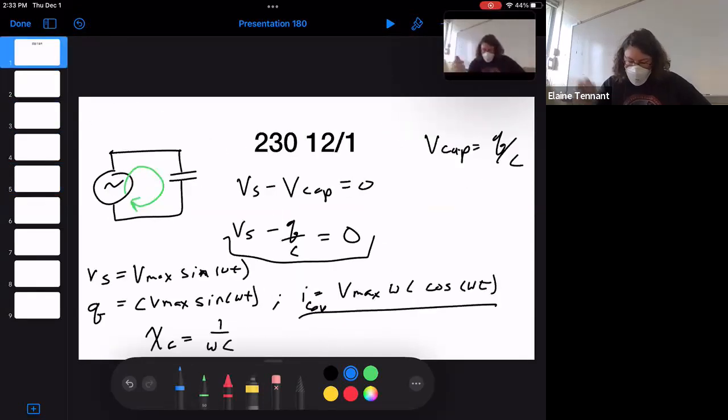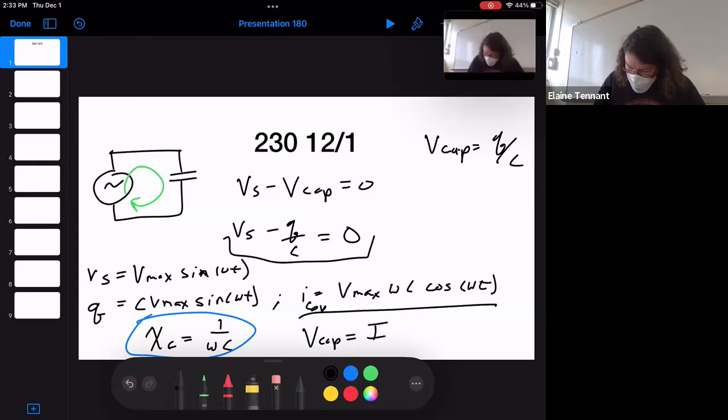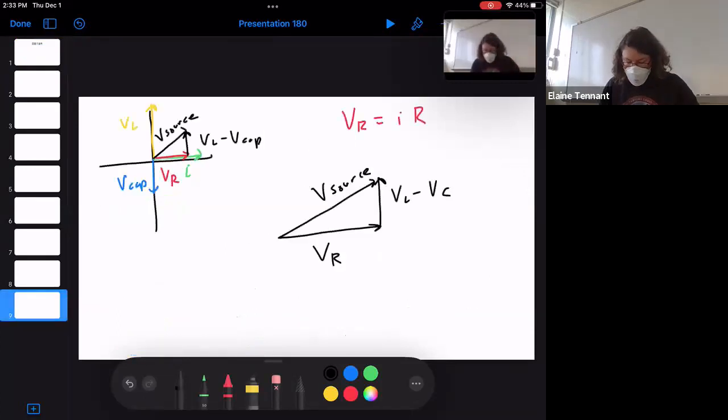And I did the same for capacitors. We made an equation, V cap equals I times reactance, and whatever we found in that reactance place, that's what we said the reactance of the capacitor would be. And now I'm adding a term.